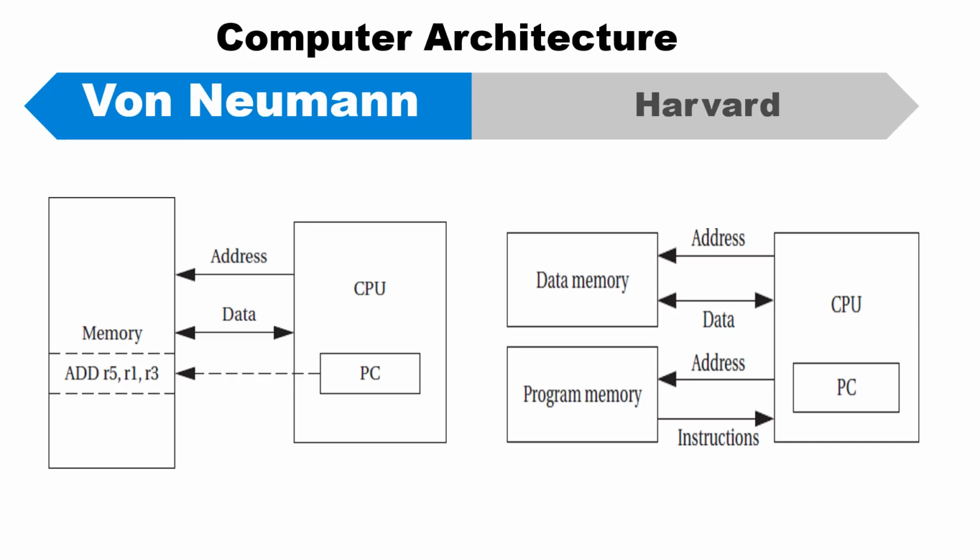So this is the basic difference between von Neumann and Harvard architecture. Each has its own advantages. In the coming slides, you can see the versions of ARM architecture. In those versions, some ARM architectures use von Neumann architecture and some use Harvard architecture too. We will see in the coming slides.